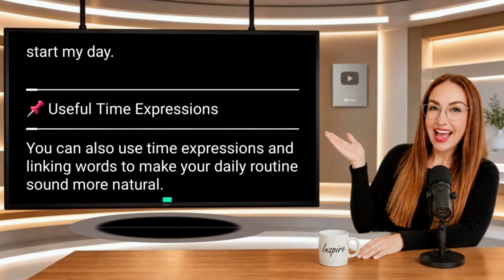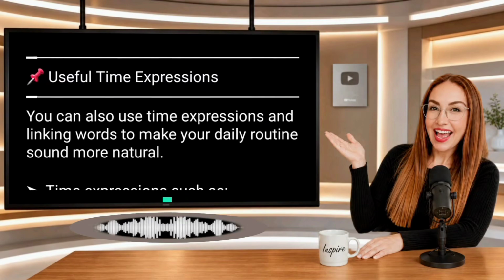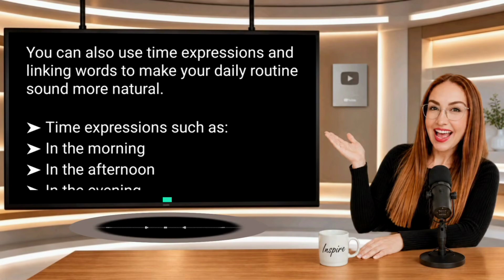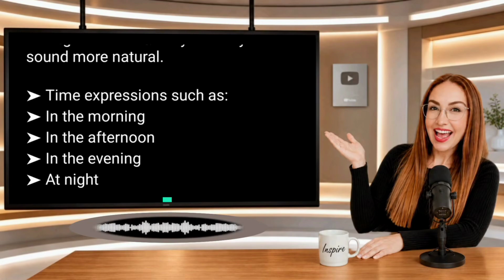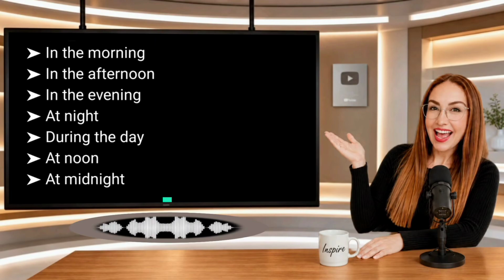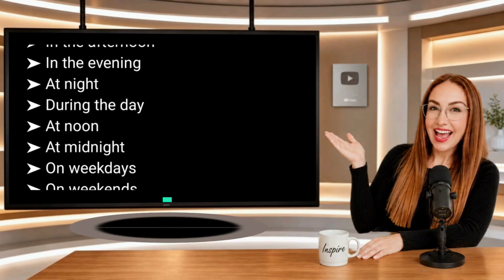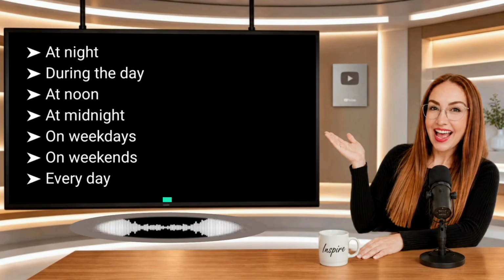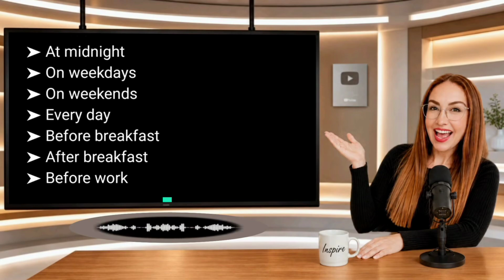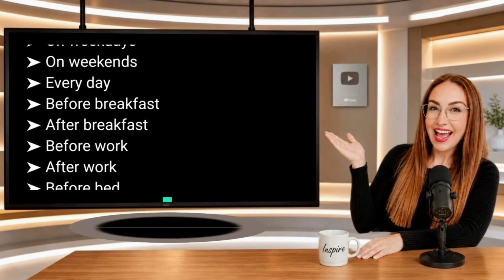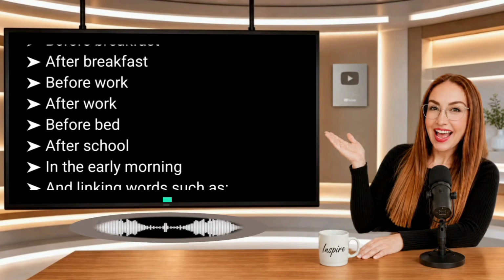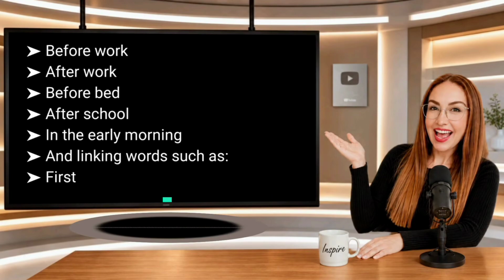You can also use time expressions and linking words to make your daily routine sound more natural. Time expressions such as in the morning, in the afternoon, in the evening, at night, during the day, at noon, at midnight, on weekdays, on weekends, every day, before breakfast, after breakfast, before work, after work, before bed, after school, in the early morning.